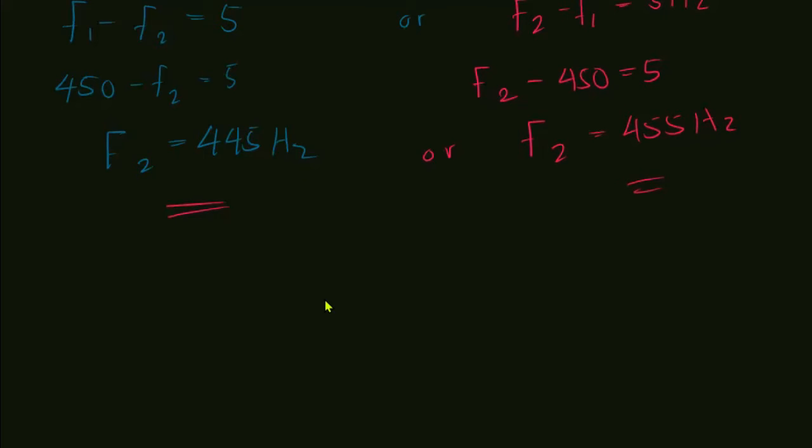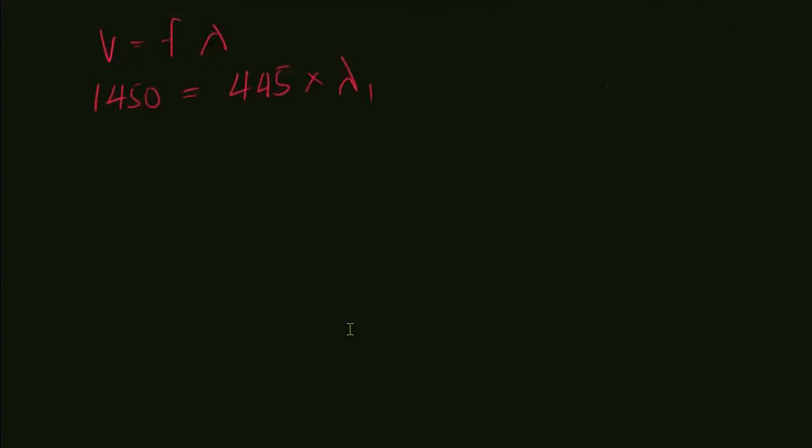So simply v equals f lambda. We know the speed in water is given as 1450, and the frequency is 445, so 1450 equals 445 into lambda 1, and we get a certain answer.